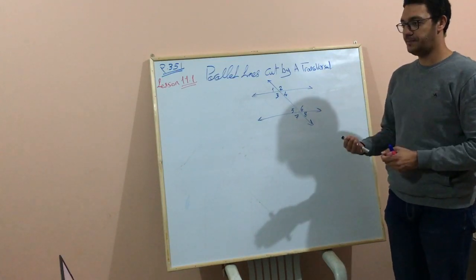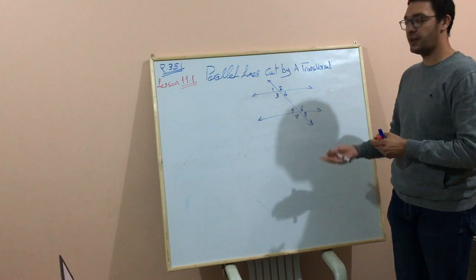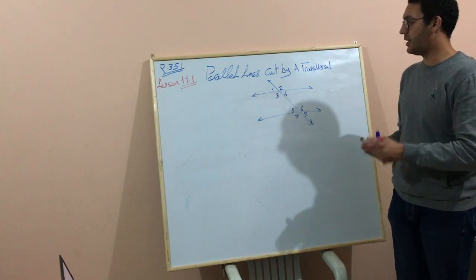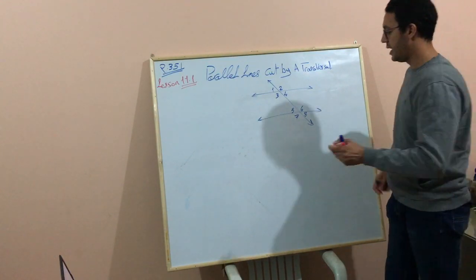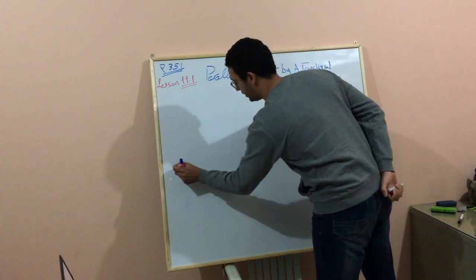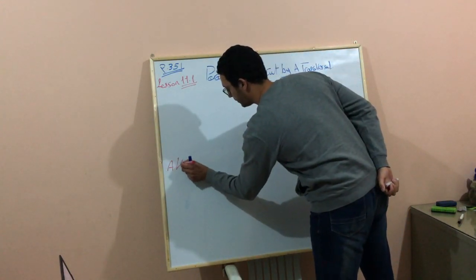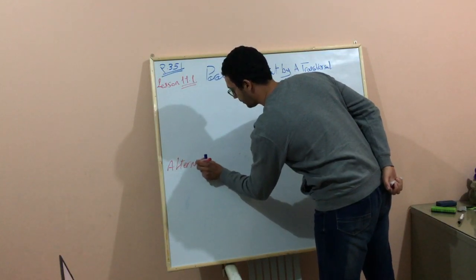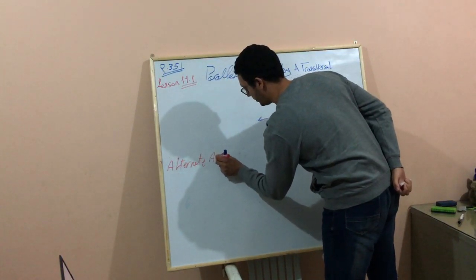These 8 angles are formed from the intersection between the transversal and the parallel lines. The intersection formed some relationships between the angles. As you can see, we have three types of relationships. We have the alternate angles.